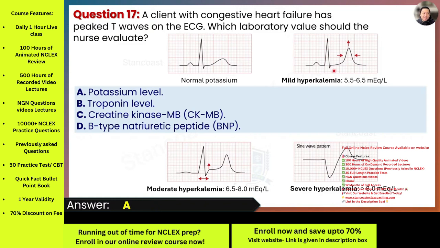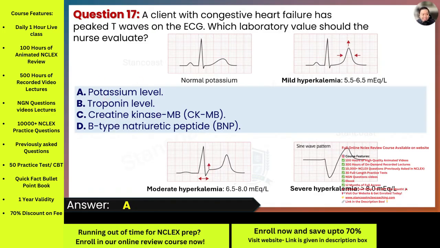However, if you have the worse forms of hyperkalemia, such as this one, the patient could probably require the administration of D50 with insulin, or calcium gluconate for the moderate hyperkalemia to decrease the irritability of the heart cells, and possibly they're going to need to take Kayexalate as well, which is that exchange resin to eliminate the excess potassium in the bloodstream.